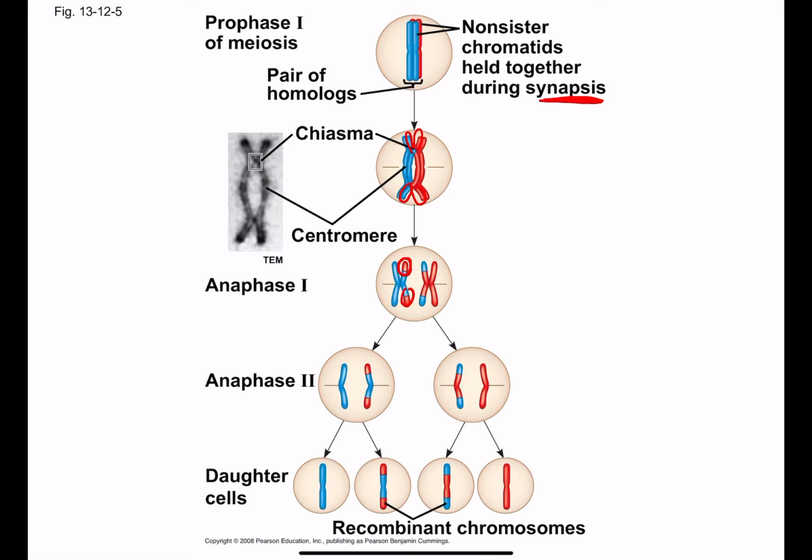Some of the genetic material from mom is now embedded in there. And the same is true over there. This diagram shows synapsis in 2 places. Sometimes synapsis will happen in more places than that. It can happen in a few places on a chromosome. I think between 1 and 3 is what I remember, if that's correct.